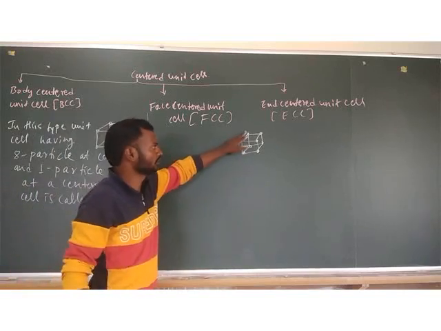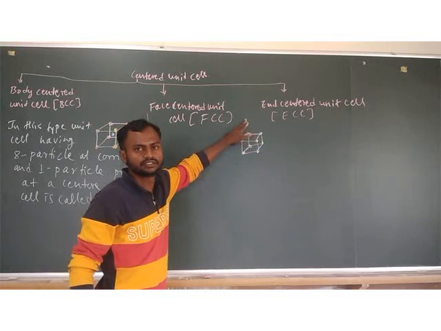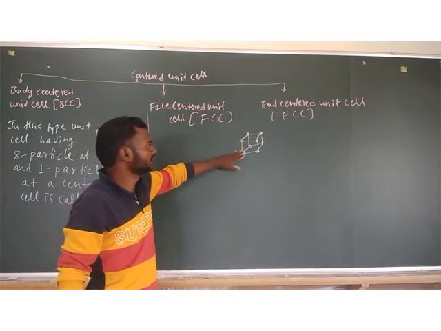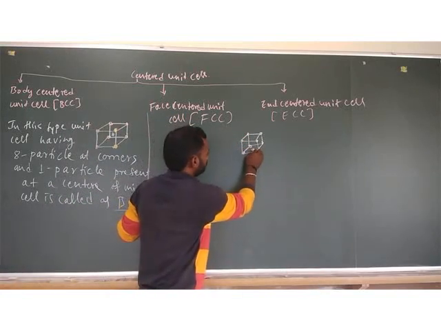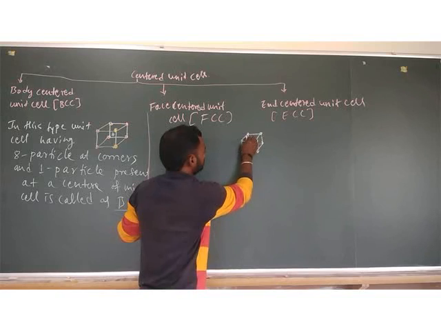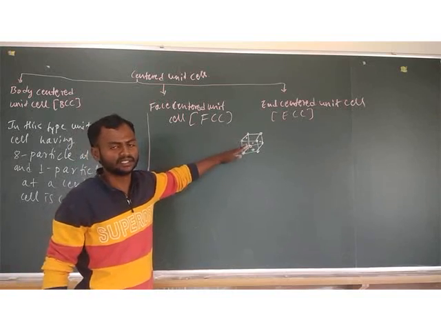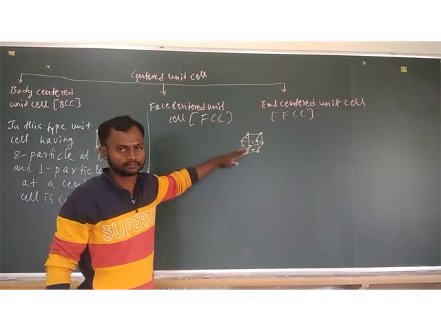There are 8 corner points. Along with these 8 corner points, each face contains 1 point. This is a face, 1 point. This is another face. This is the upper face, and this is the next face. There are 6 faces present in a unit cell, so 6 face-centered particles are present.